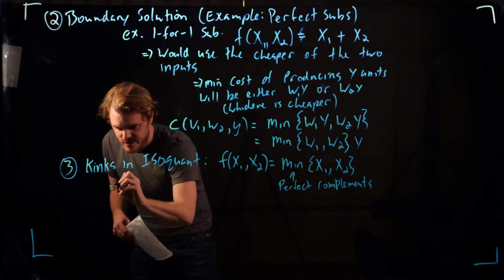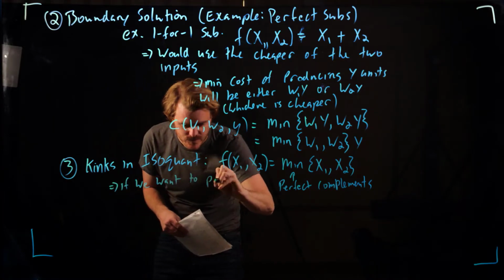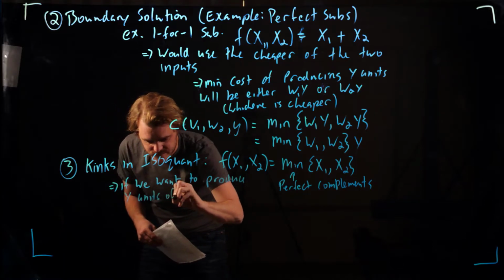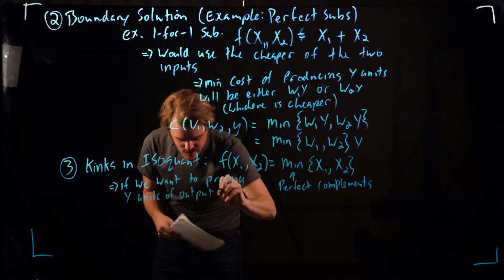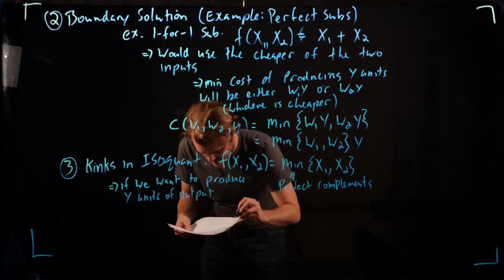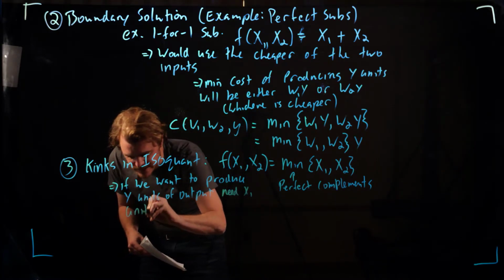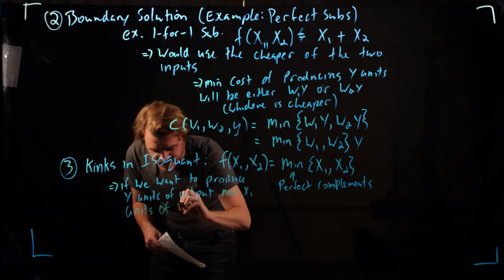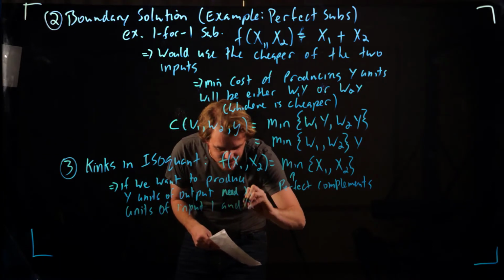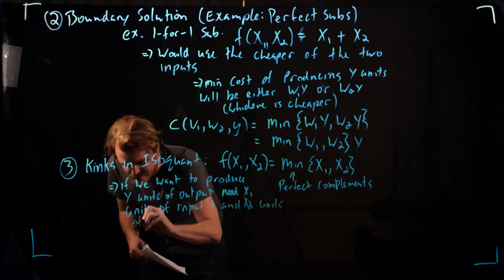So now if we want to produce y units of output, we need x1 units, really, y times x1 units of input 1, and x2 units of input 2.